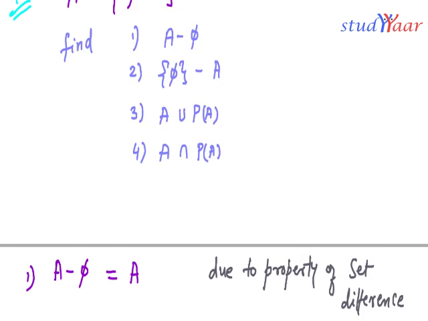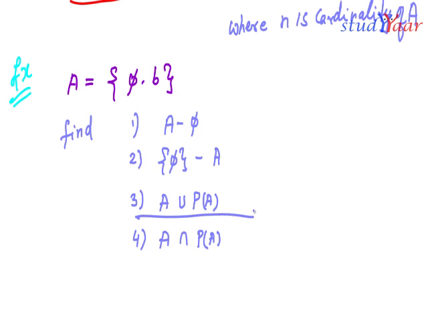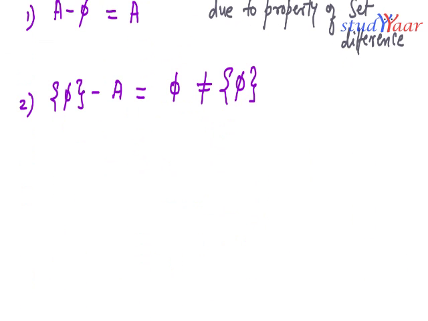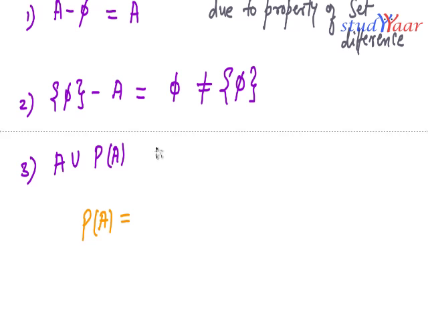Now next we are going to find out A union power set of A. For that, let us first find out the power set of A. Let us also write what A is.